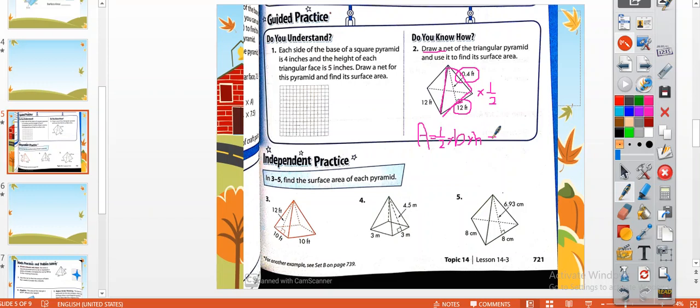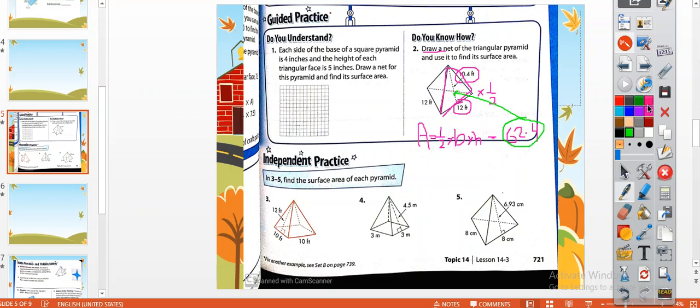So by multiplying 10.4 by 12 by half, you will get 62.4.